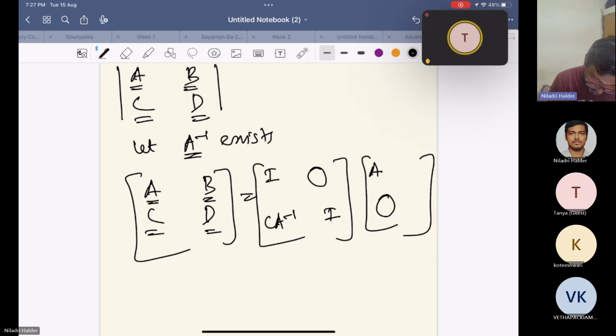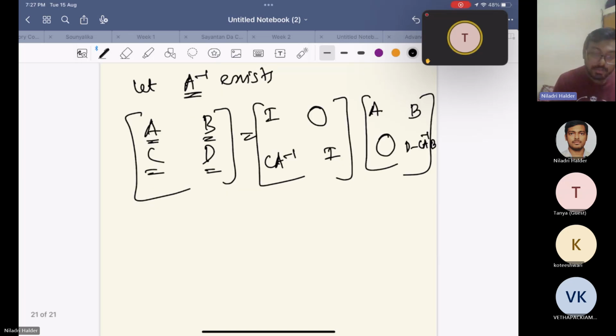So let us take this element as D minus C A inverse B. You can multiply these two matrices, and you can show that the right hand side is the same as the left hand side.